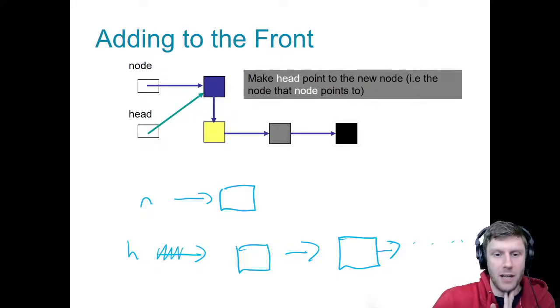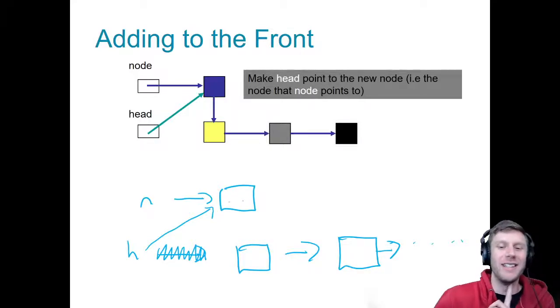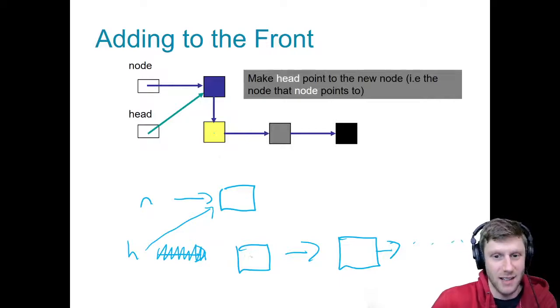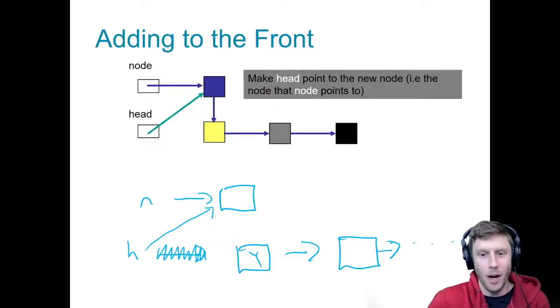Oh, okay, so this disappears. There we go. So head is now this node, which is correct, but how am I going to now set head's next to be, in this case, the yellow one? I can't. I've lost my pointer to the beginning of this linked structure.